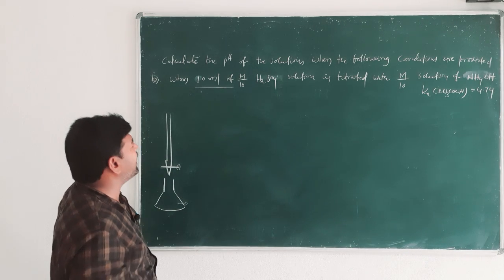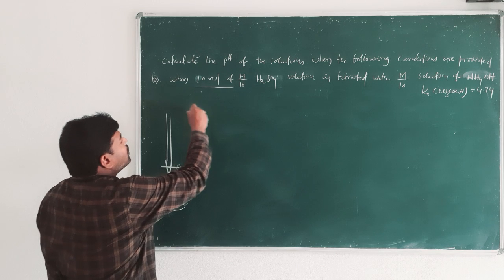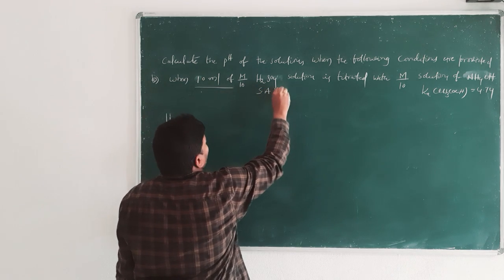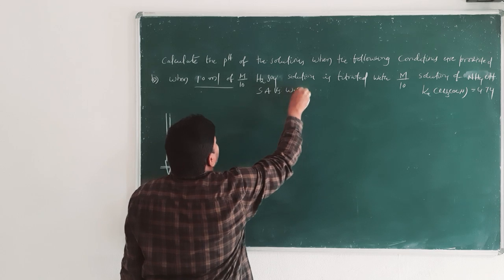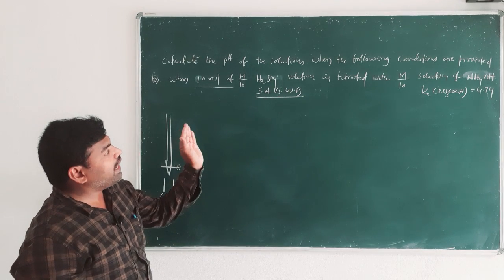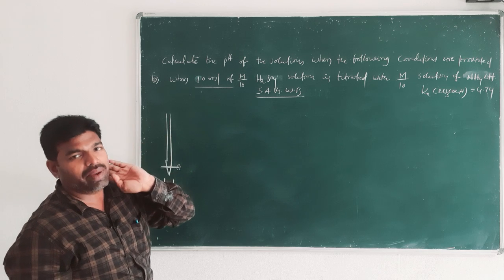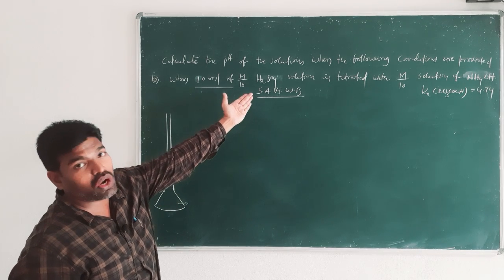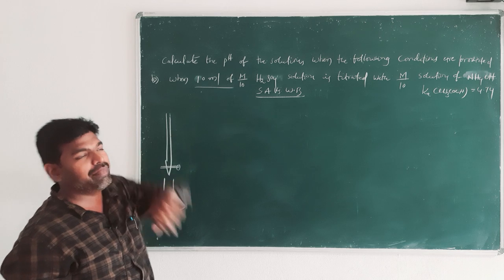So, this is the case with a strong acid versus a weak base, but the earlier case was a weak acid and strong base, so this is a different case. This is the case with strong acid versus weak base.